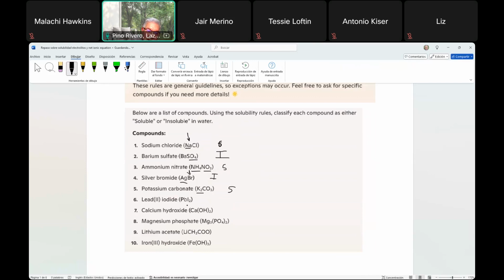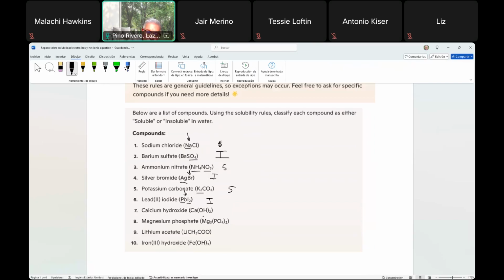And here you have an iodide. What happens with iodide when you have lead 2? Every time you have iodide, chloride, bromide, but you have lead 2, it is insoluble. If you go to the rule, you will see it is insoluble.